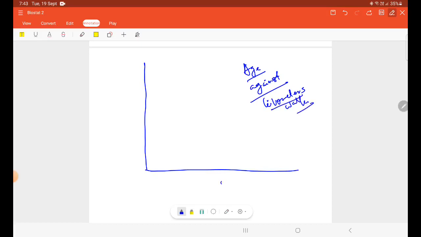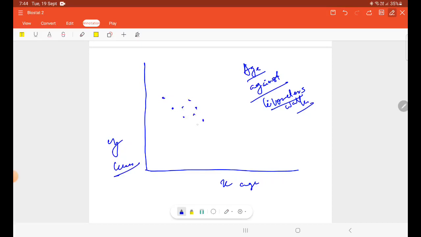So say x-axis we are putting age, y-axis kilometers covered with walking. So as age is less, capacity will be high. Age is increasing, capacity will be reducing.